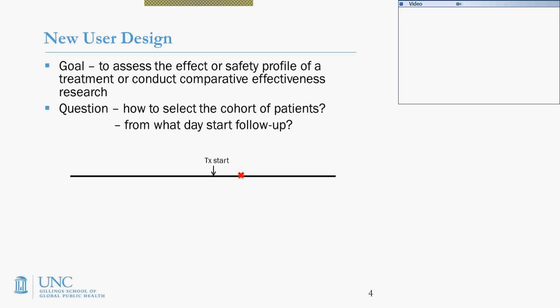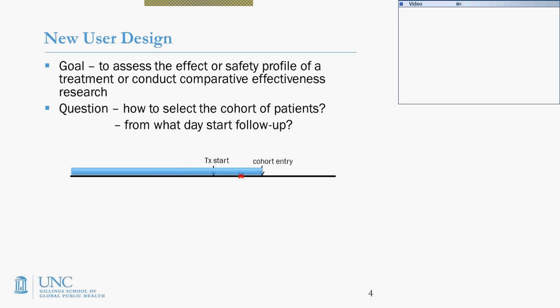For the current or prevalent user design, you may be selecting patients who have been on treatment for a while, and you may miss some of these early events at the beginning.